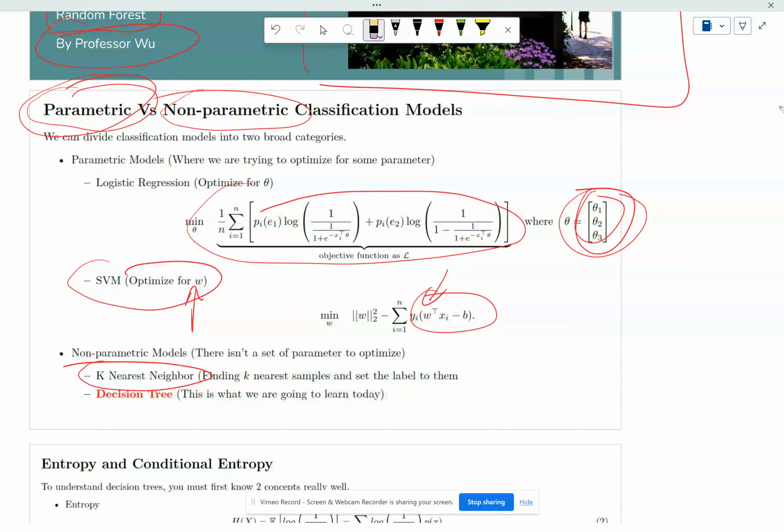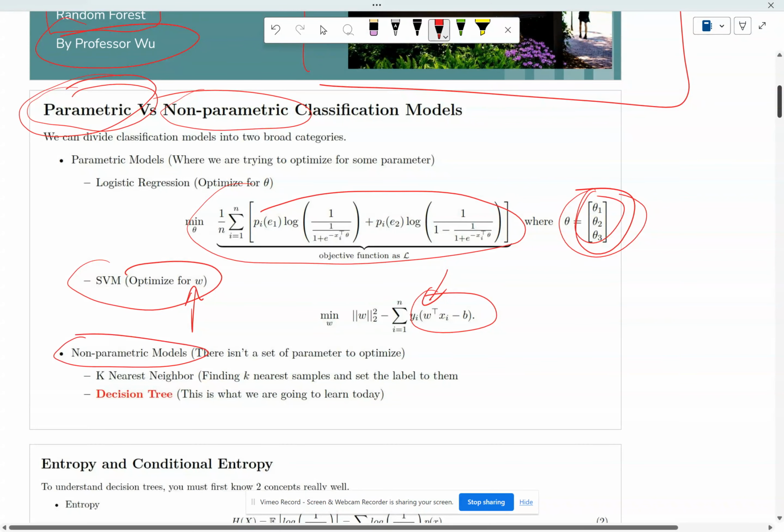So with non-parametric models, you're not trying to learn a function. You basically use the information within the data to make decisions. Last time we learned the k nearest neighbor. Today we're going to learn another algorithm, probably one of the most famous non-parametric classification models, called decision tree.